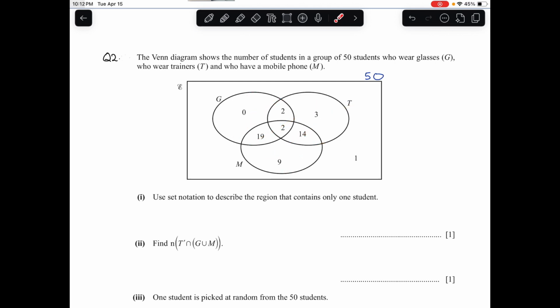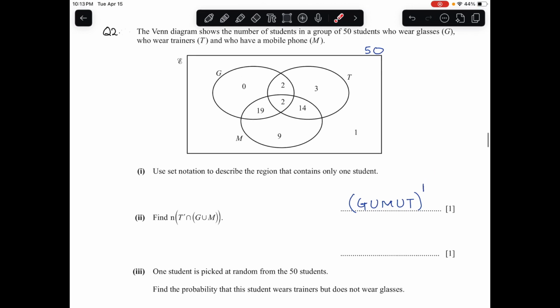This is the union of the three, so the union of G, M and T. So when we shade all of this, that means it's the union. Now it is outside the union, so it's not in the union. So we represent this by this sign over here. It means that it's prime, that is, not.